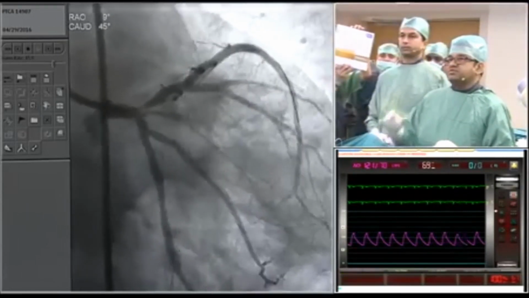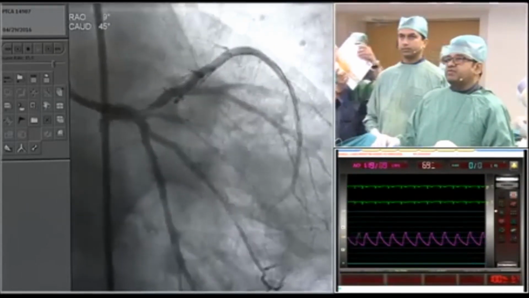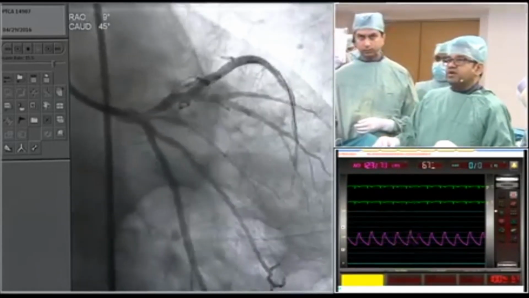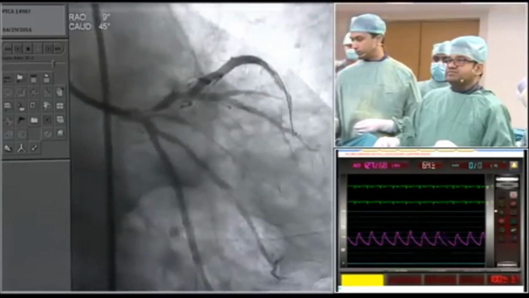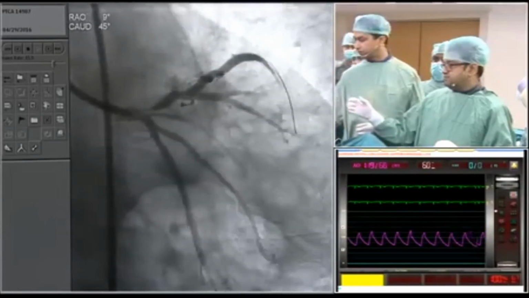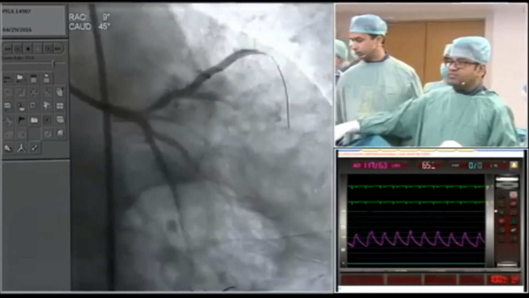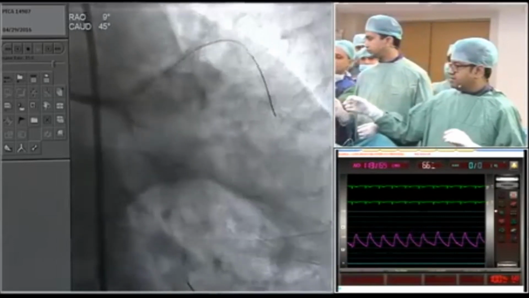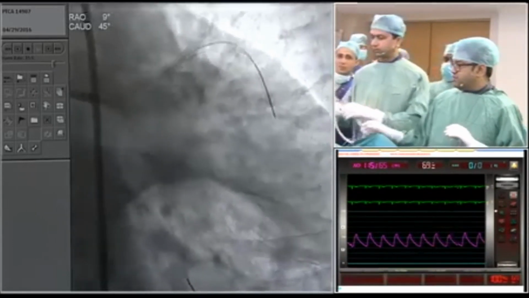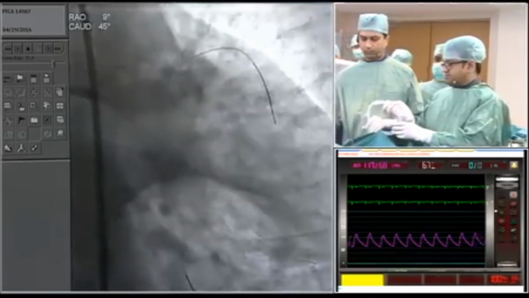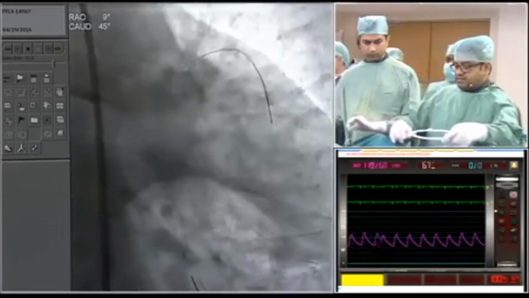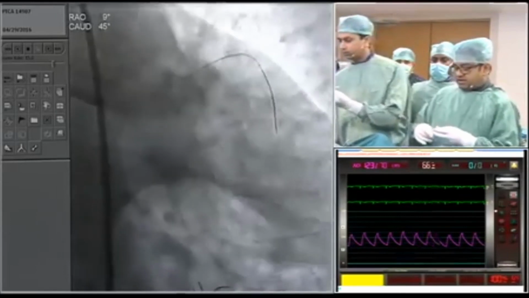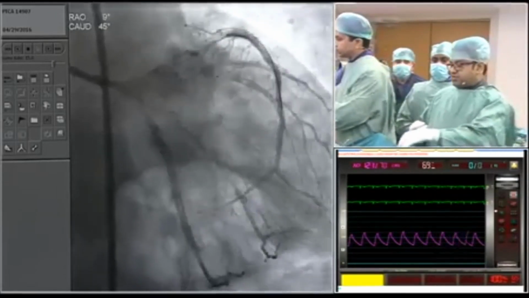What we would do is go right from the left main covering the ostial LAD, and then do a POT in the left main.